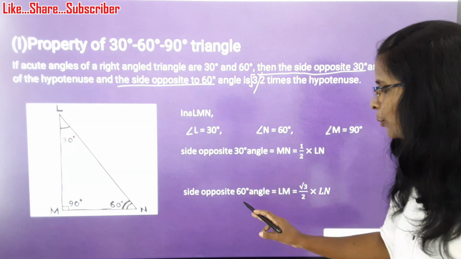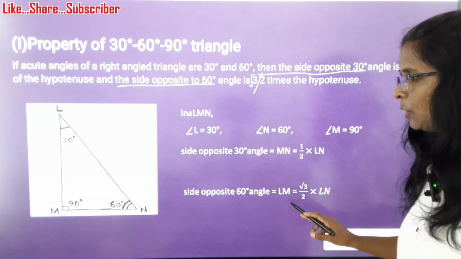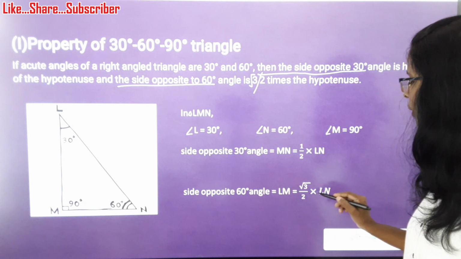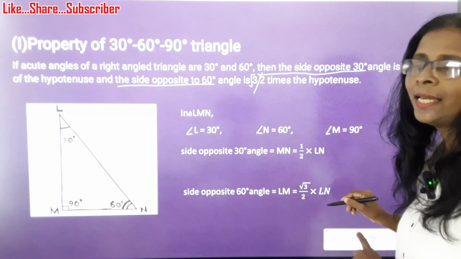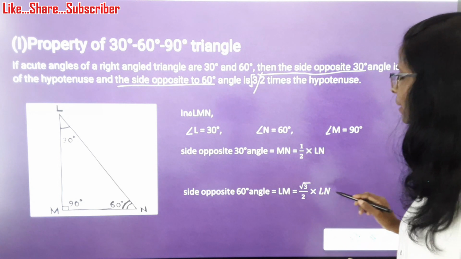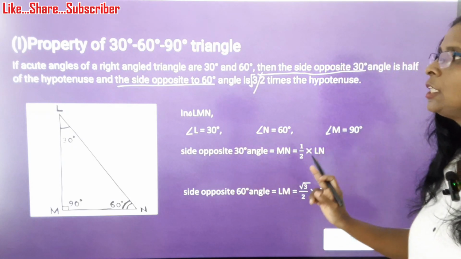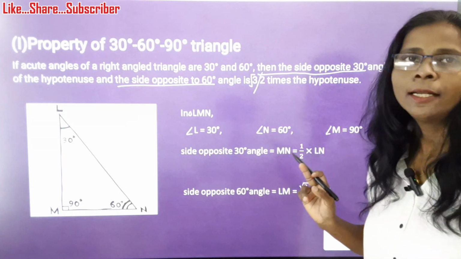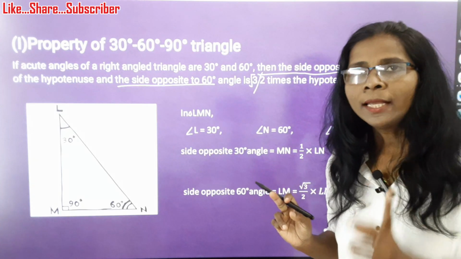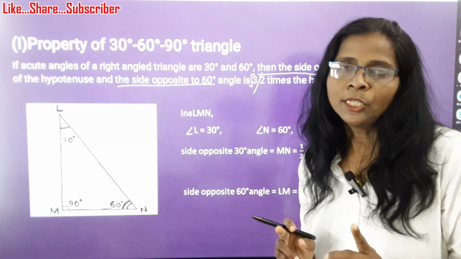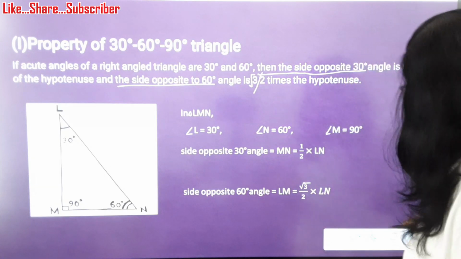So the side opposite to the 60 degree angle is equal to root 3 upon 2 into hypotenuse. Hypotenuse is LN. So root 3 upon 2 multiplied by LN, students. So this is the property of the 30, 60, 90 degree triangle, and this is very useful for your board examination. Okay, students.